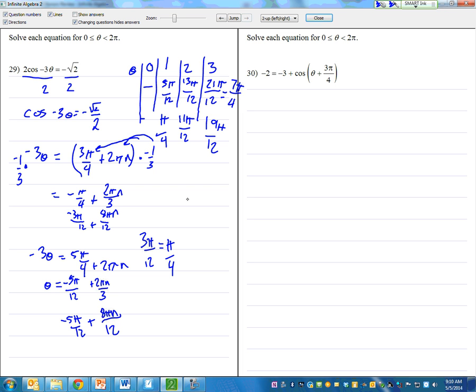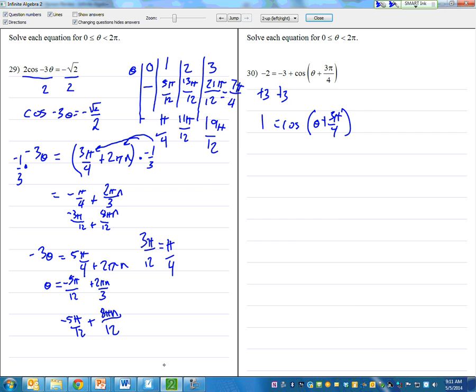Okay, number 30. So looking at number 30, first thing I need to do is isolate the trig function, so I'm going to add 3 to both sides. When I add 3, that gives me 1 is equal to cosine of theta plus 3 pi fourths. So the cosine is 1.